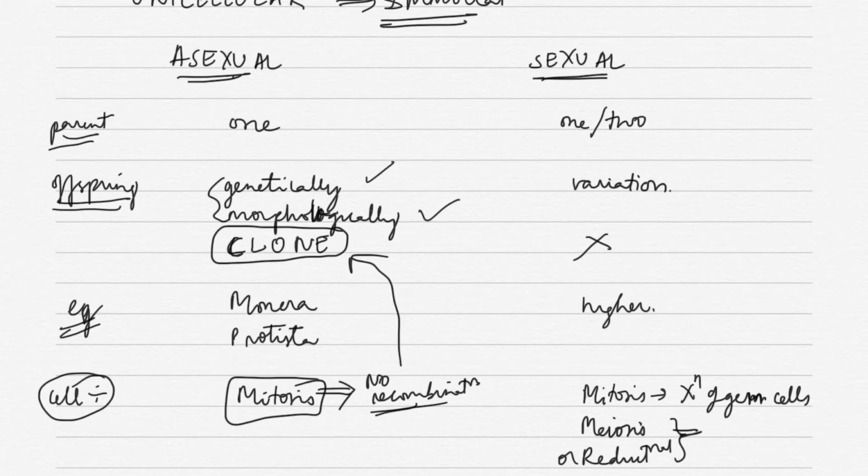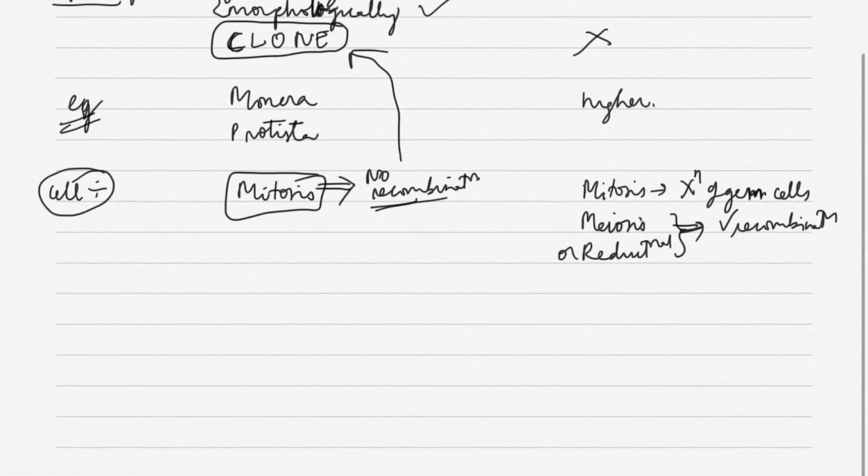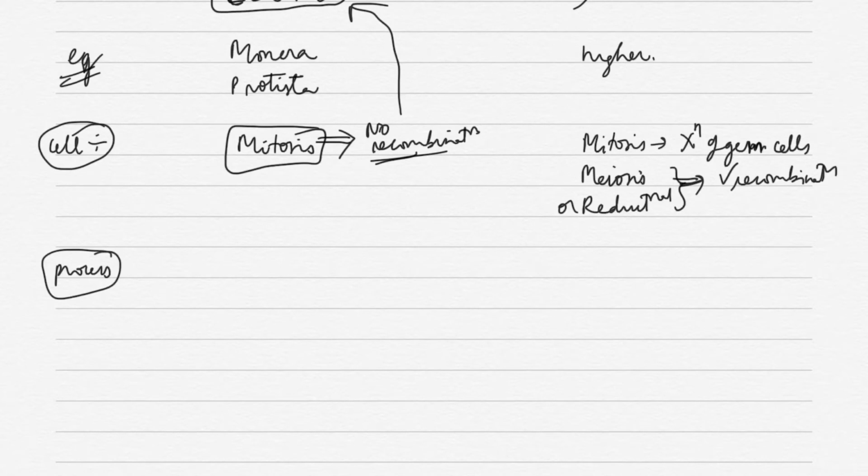So in reductional cell division, obviously we have recombination, and recombination gives rise to variation. If I have to explain the process of asexual and sexual reproduction, in asexual reproduction there is a parent that is capable of producing an offspring, right? There is a parent and the parent produces offspring.